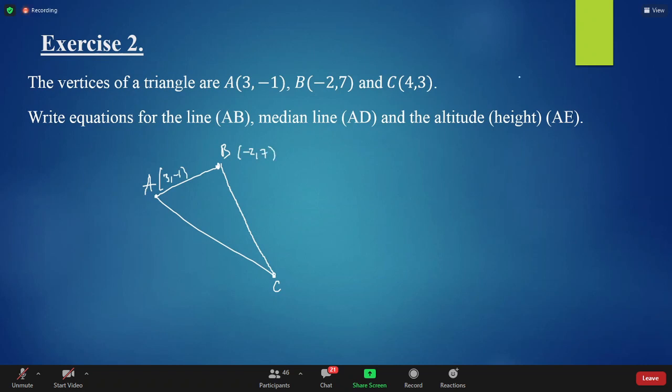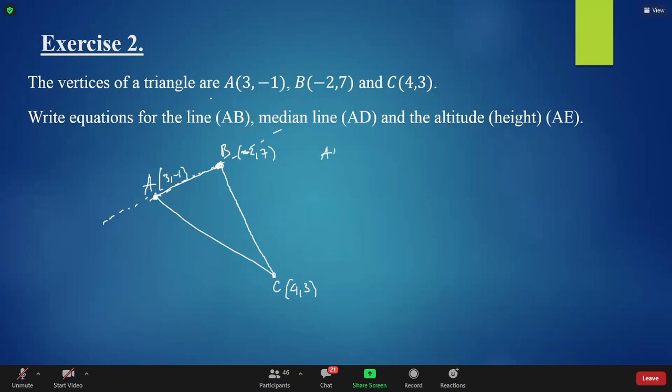And writing equations of lines. To write the equation of the line AB, we write an equation through 2 points, using 2 points.